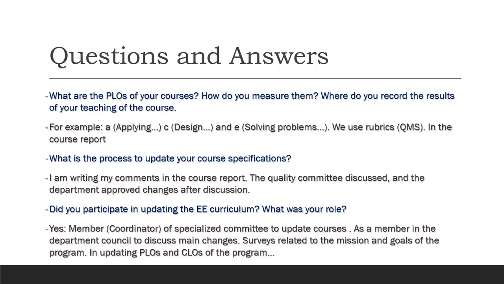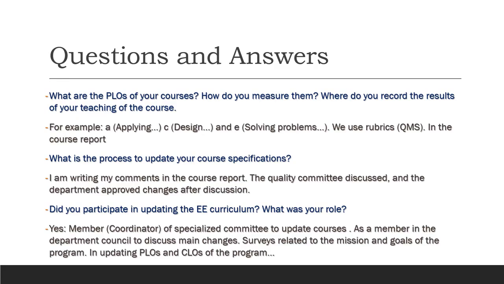If you really participate in evaluation, the program learning outcomes that are assigned to your course and linked to your course learning outcomes, you have to know how to evaluate what they are and how you measure them.